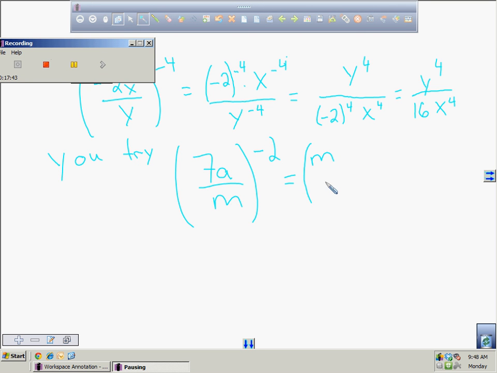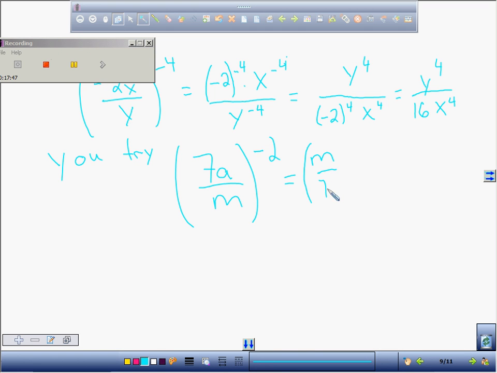I could flip this over, right? Using that last rule, I could just flip this over and make it positive, and then I have to square everything, okay? So I get m squared over 7 squared times a squared. What is 7 squared? 49. So I get m squared over 49a squared. And that's your final answer.